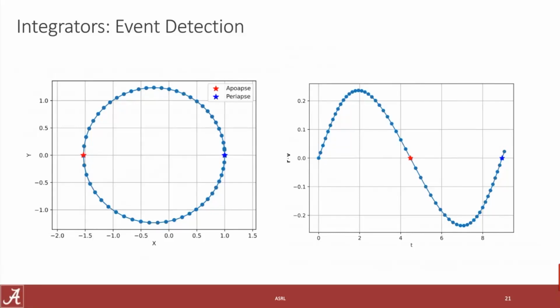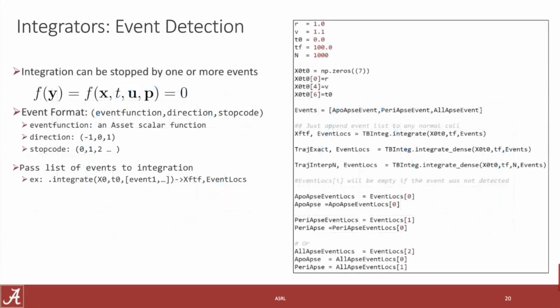So I was going to ask about the same thing, because oftentimes we don't start precisely at true anomaly equals 0, right? So what is the methodology for, say you want to hit just one event?